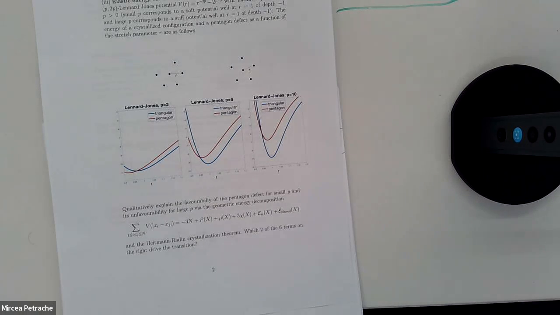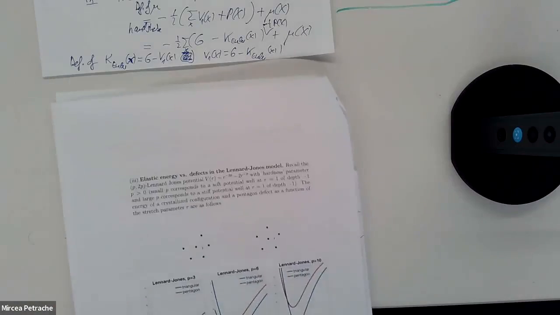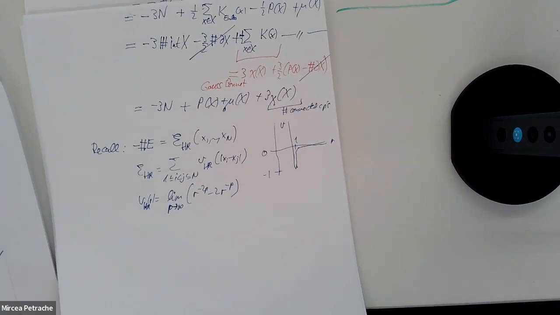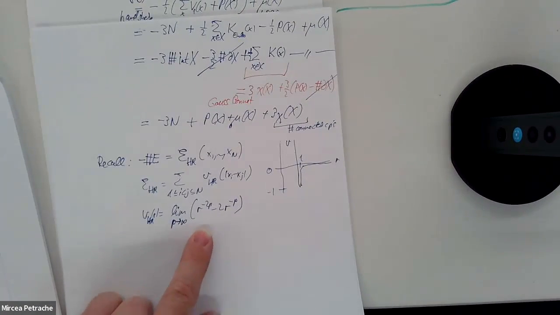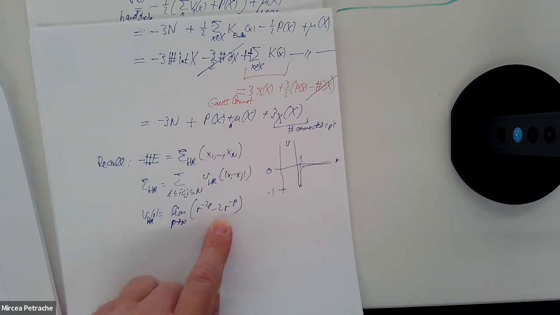It's the cost of debonding one particle, because that's what matters when you do real simulations. If a particle is far apart, it feels 0 potential, and by attaching it gains -1. So with the Lennard-Jones normalization, the way I wrote it here with r to the minus 2p minus 2r to the minus p, I think it's a neat way of normalizing, because you normalize the interparticle favored distance to 1 and the depth of the potential to minus 1.